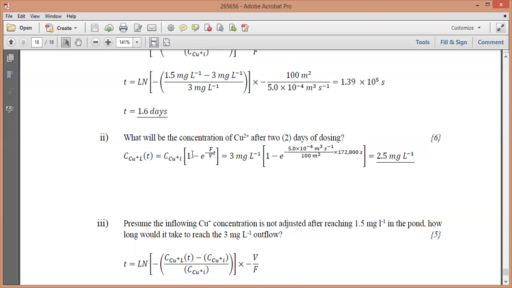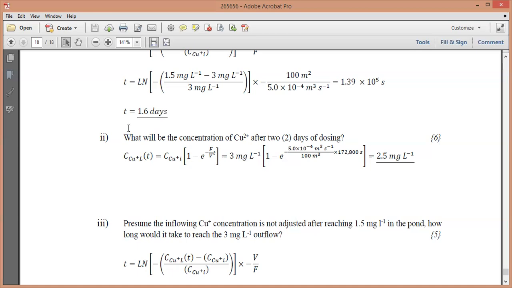Same formula, except this time we're not being asked for time, but for the concentration of copper in the reactor, isn't it? Are we together? Are we following? Yes, madam. Okay.